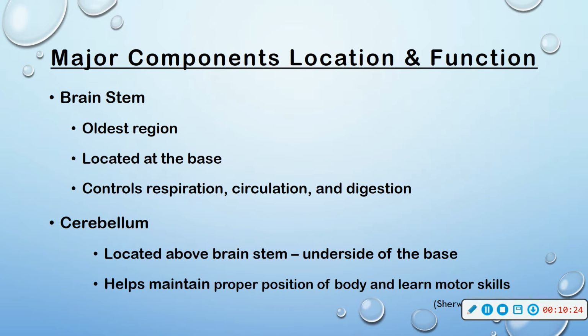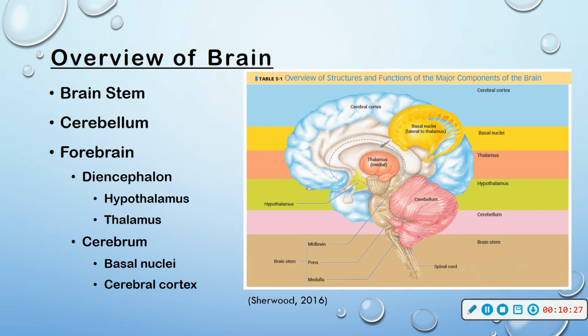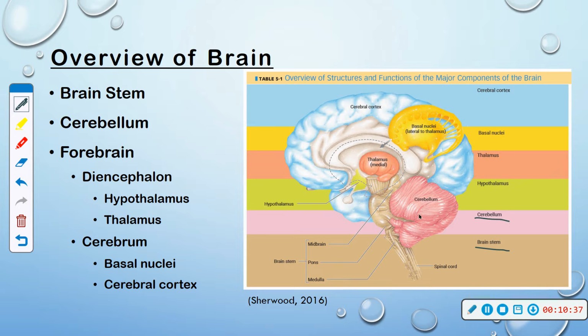So going back to our original picture, here we have the brain stem at the very bottom. It connects to the spinal cord. The cerebellum is right above it, still at the base of the brain. You have the hypothalamus and the thalamus right here in the central area.